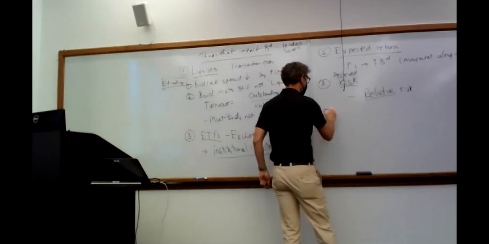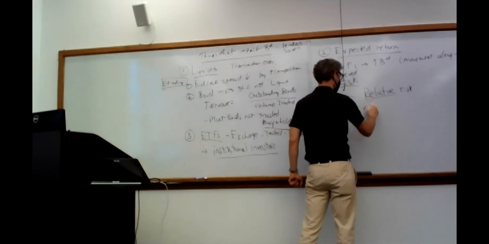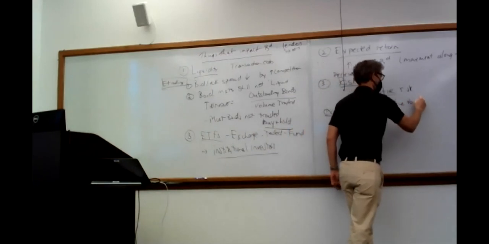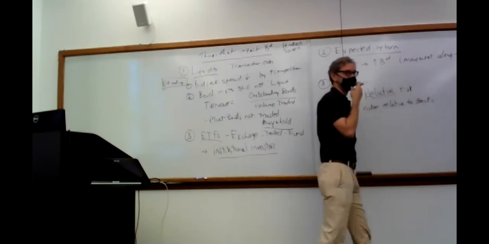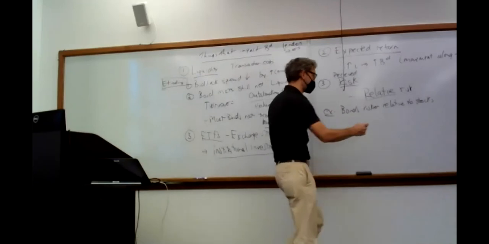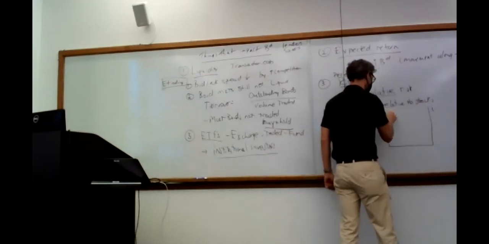So let's think about an example where bonds become riskier. Something happens in the economy in which markets perceive bonds are riskier relative to stocks. What's going to happen to bond prices and yields?